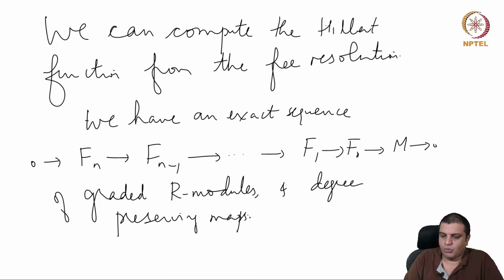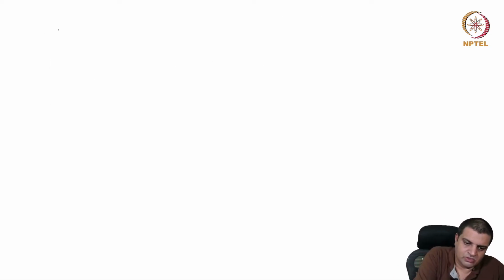So this is what we have from a free resolution. We are not going to use explicitly that this is a minimal free resolution, we don't need it. But just to simplify the calculation and get a workable expression, we will assume that it's a minimal free resolution.